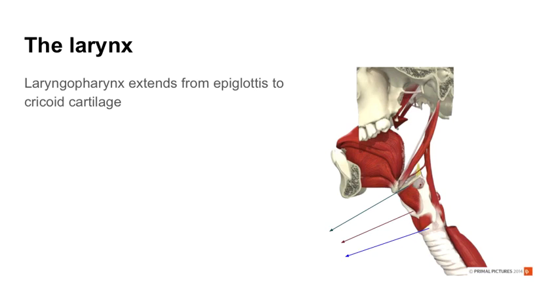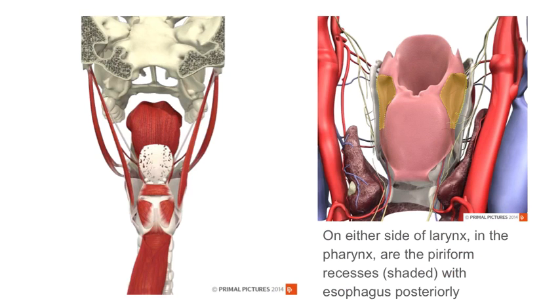The laryngopharynx extends from the level of the epiglottis, which is here, colored yellow, down to the cricoid cartilage. The top arrow is pointing at the hyoid bone, this one at the thyroid cartilage, and this is the cricoid cartilage.